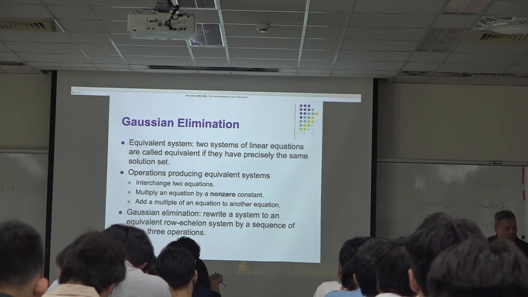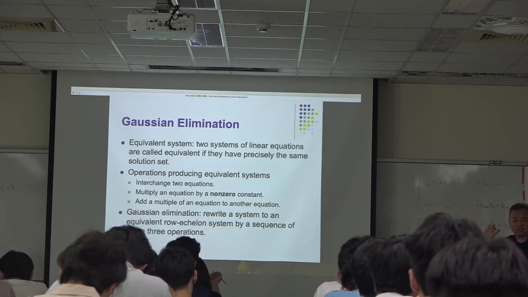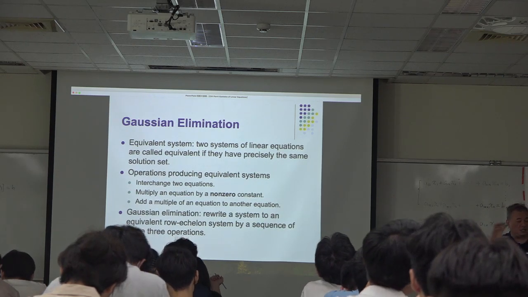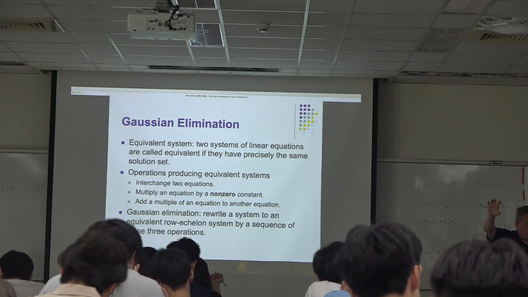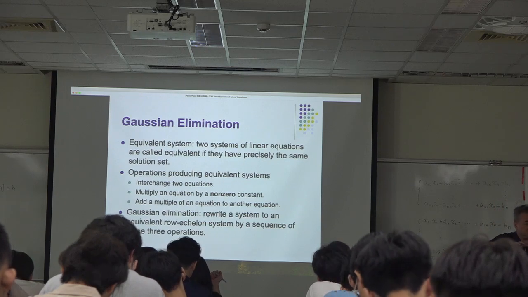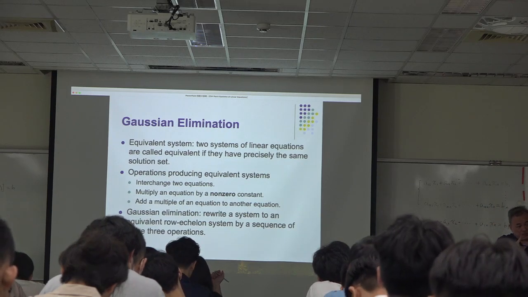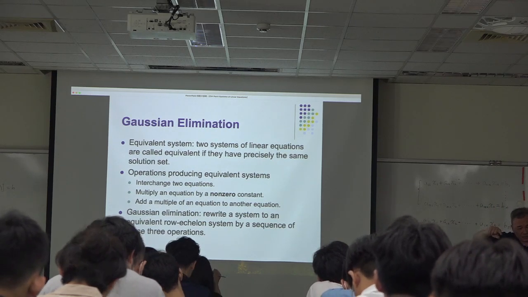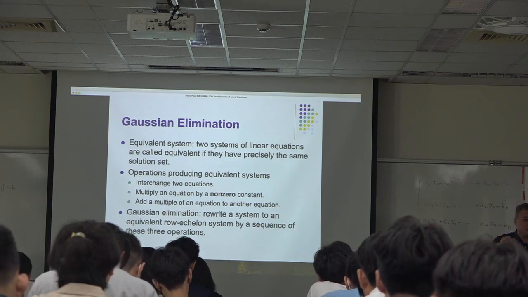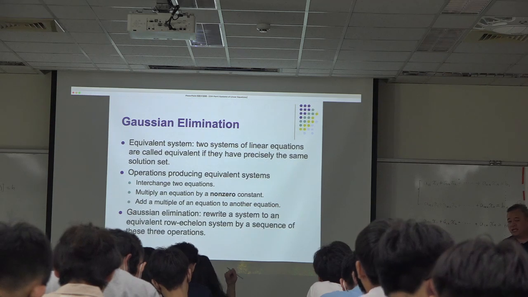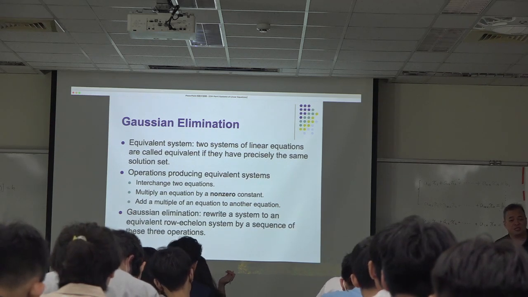Let's call the top system A and the lower system B. I want to show any solution in system A will be a solution for system B, but that's not enough. I also need to show any solution in system B is also a solution of system A, because I need to show that these two systems are equivalent.